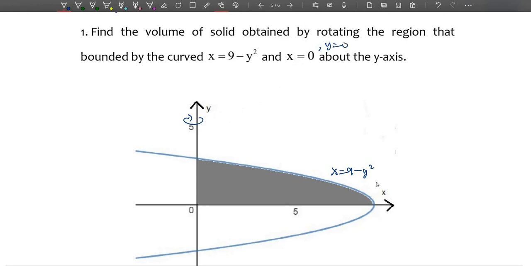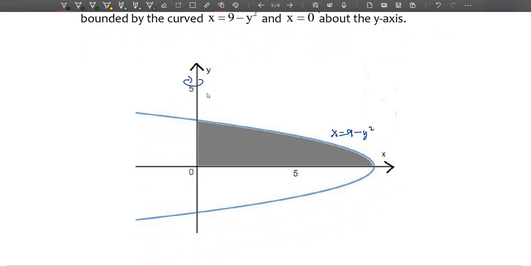Since it is rotated about the y-axis, this is the axis of rotation. From the axis of rotation to the farthest point of the region bounded, this is your R, and your R is horizontal. We know that V should be pi integrate with respect to y, from y1 to y2.